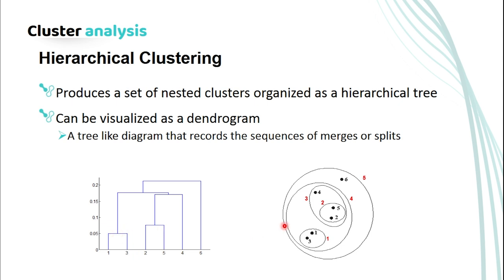And then we consider points 2 and 5 as a cluster, so we merge data 2 and 5 as one point here. And then data 4 and this cluster, we can consider as a new cluster. So we merge this point and data 4 as a new point here.